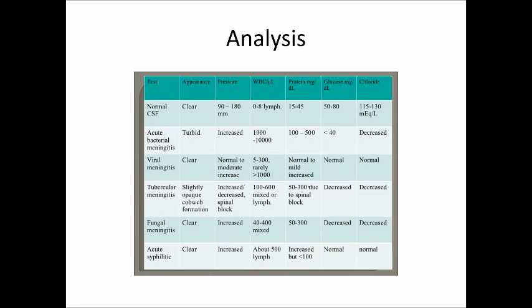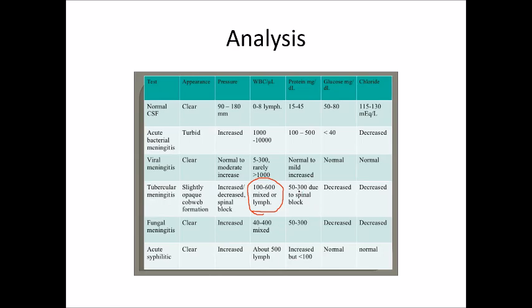And from them, you can know whether it's tuberculous meningitis. For example, in tuberculous meningitis, you might see a mixed lymphocyte and neutrophil count, like 60% lymphocytes, 40% neutrophils. Glucose might be decreased or normal in tuberculous meningitis.